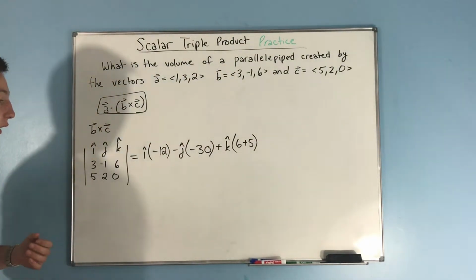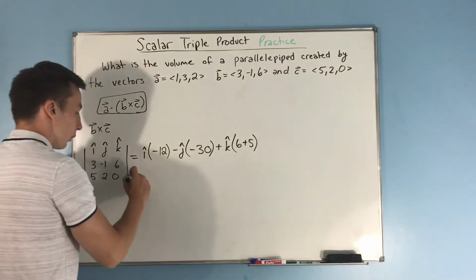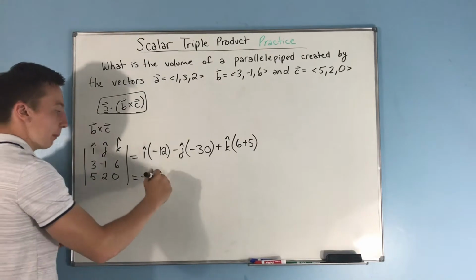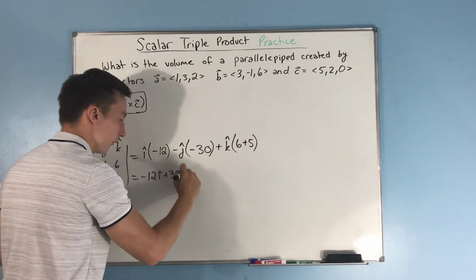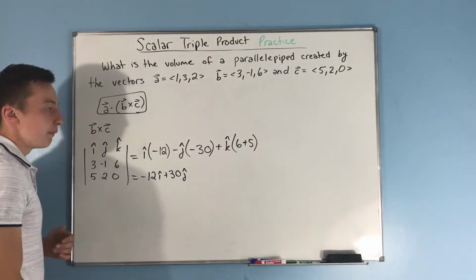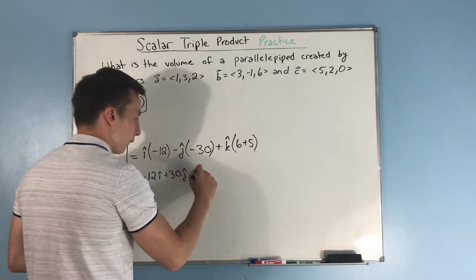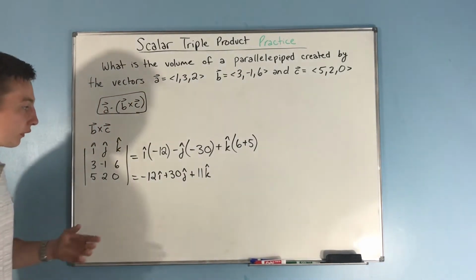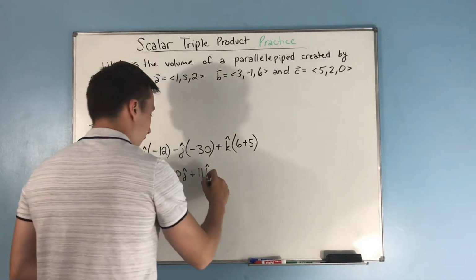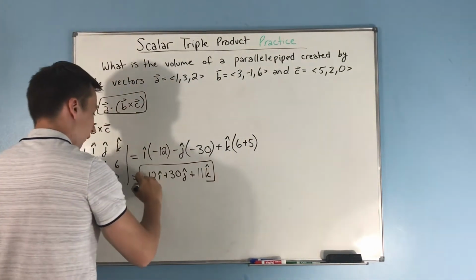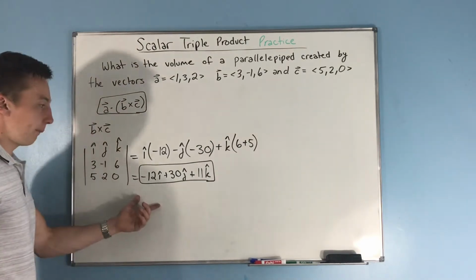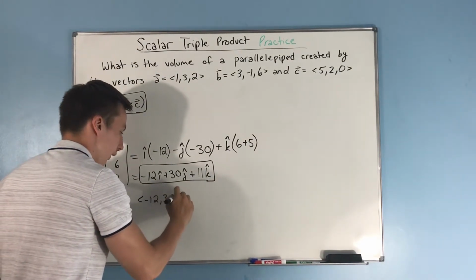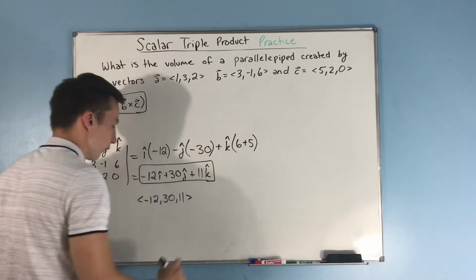Now, this will be equal to -12 i hat plus 30 j hat plus 11 k hat. So there you go, that is your vector, <-12, 30, 11>.